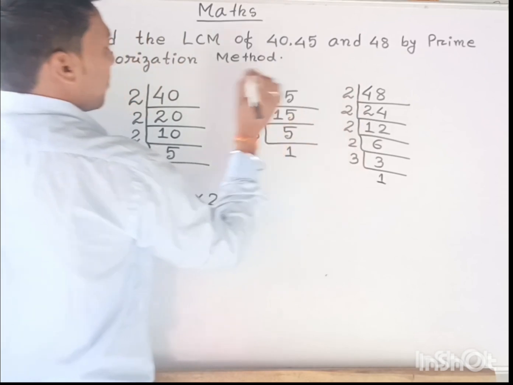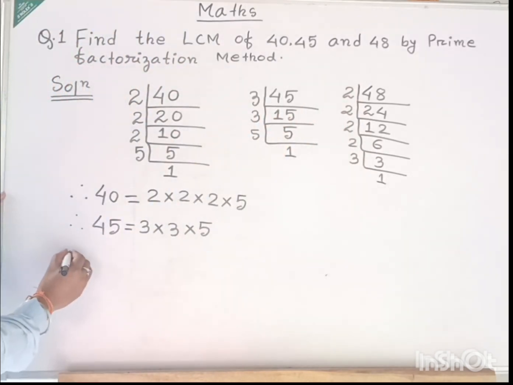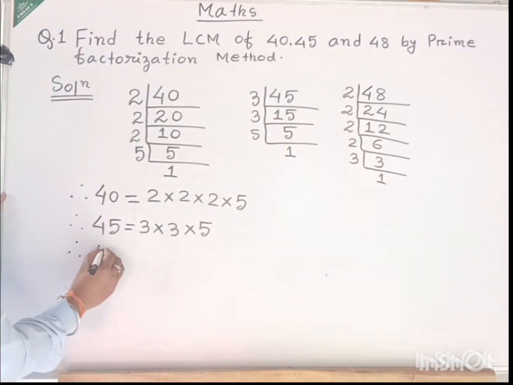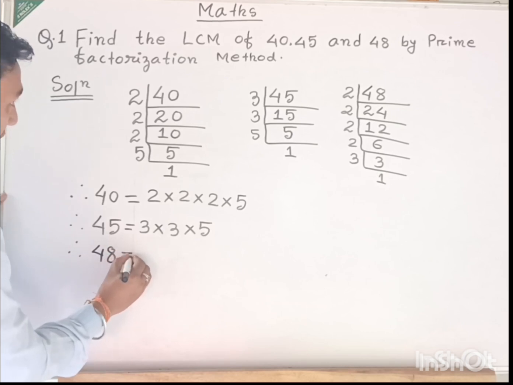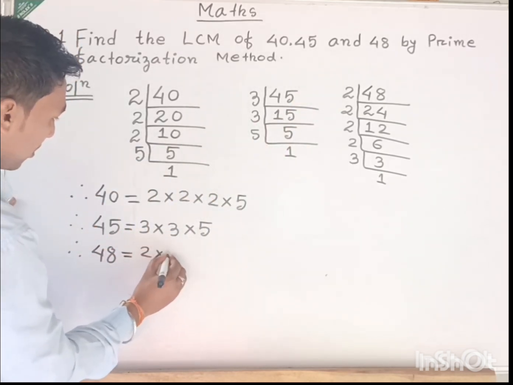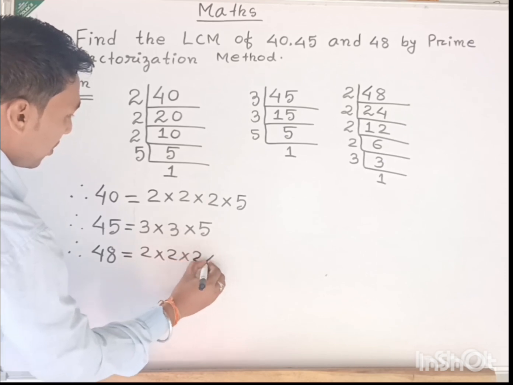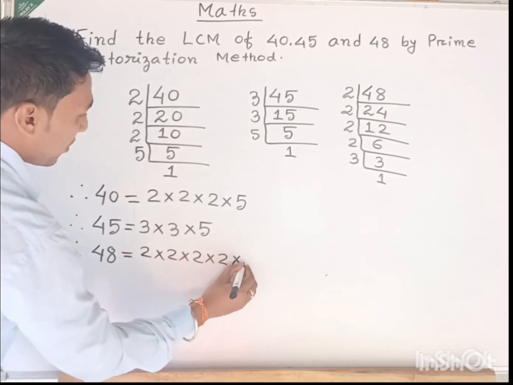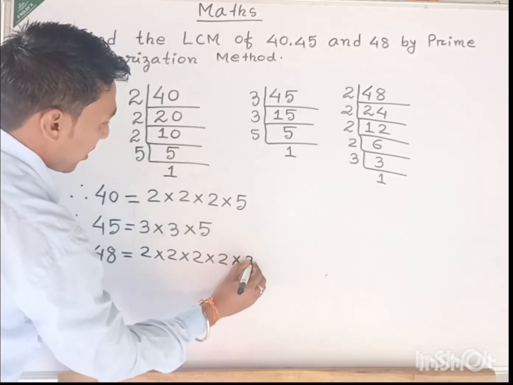So write the factors of 48. 48 equals, in total we have four 2s, so write 2 into 2 into 2 into 2 into, and one more 3 we have, so write 3.